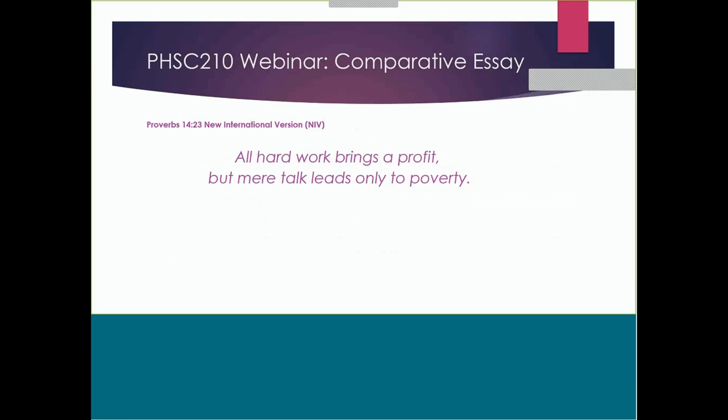And I want to just close with this verse from Proverbs 14:23. It says, all hard work brings a profit, but mere talk leads only to poverty. And I know that sometimes academic work for online students who have lots of other things going on in their lives, family and jobs and things happening in your life, tend to take away your devotion to the coursework.